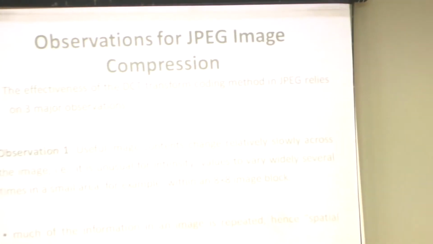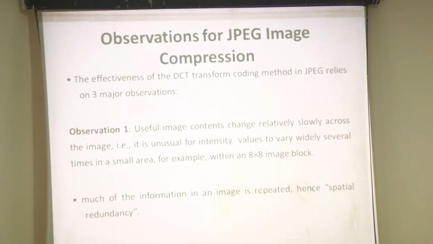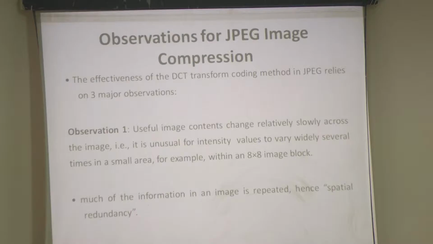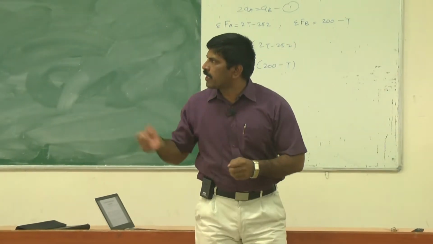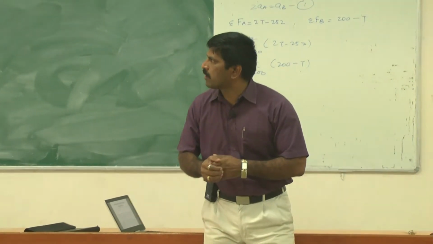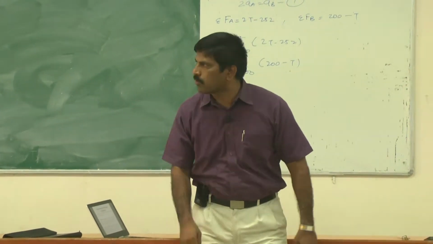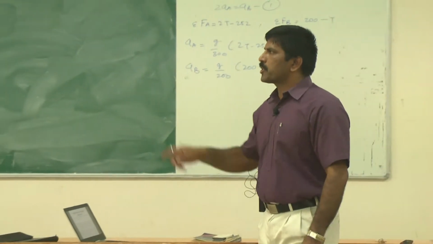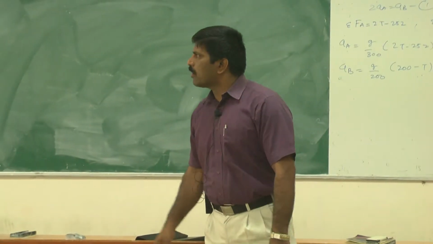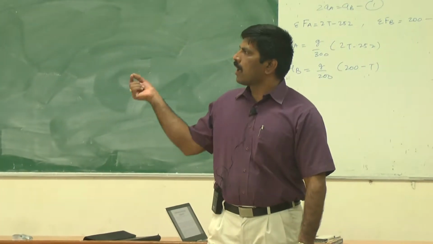Now there are three main observations in the case of JPEG. What are those observations? We'll study them first, and the JPEG committee has taken advantage of those observations to do the compression. The effectiveness of the DCT transform coding method in JPEG relies on these three main observations. Observation number 1 is that useful image content changes relatively slowly across the image.